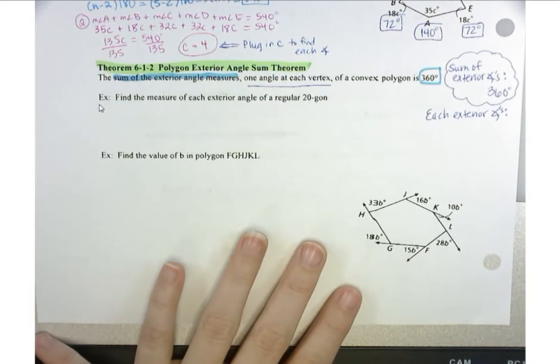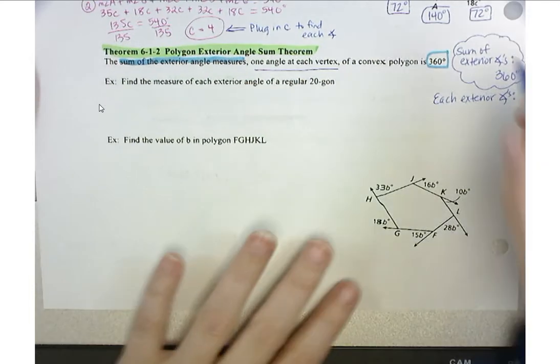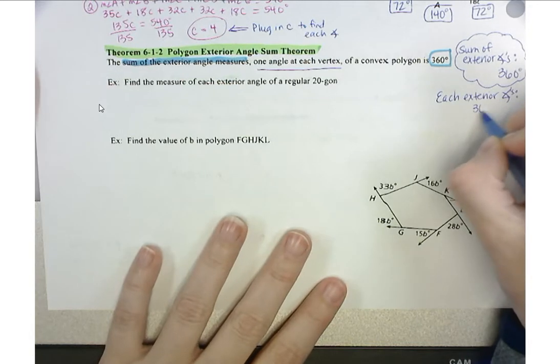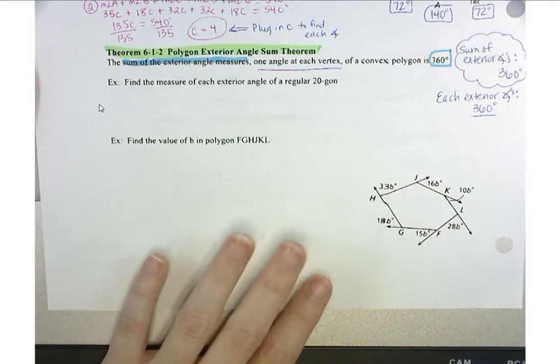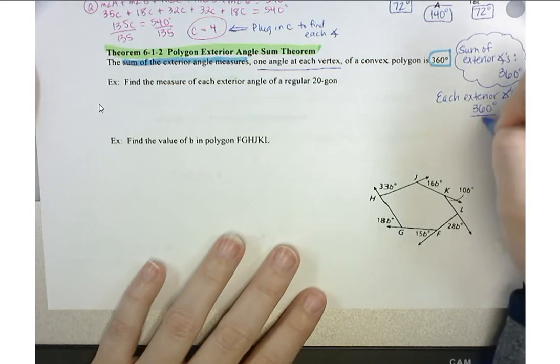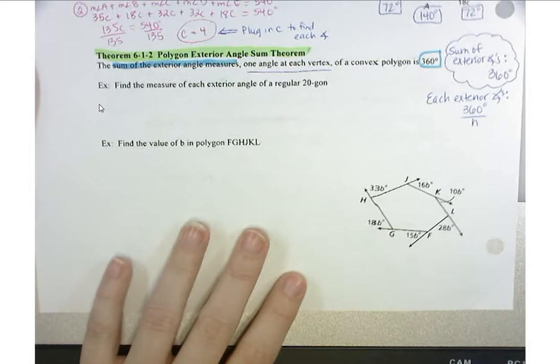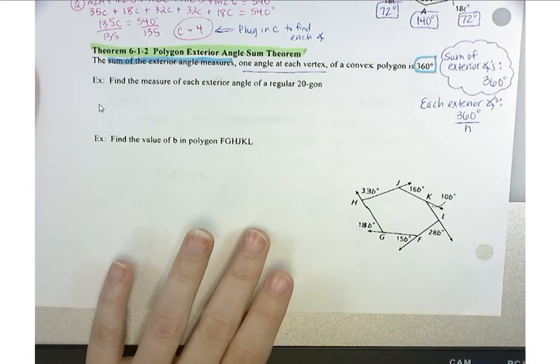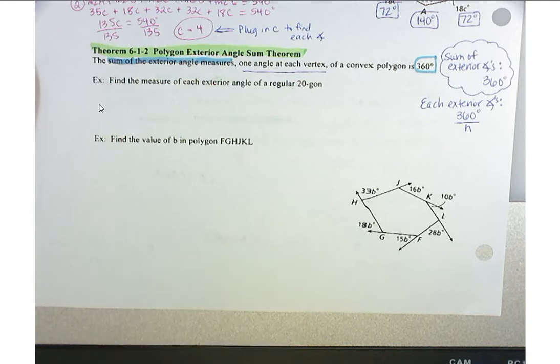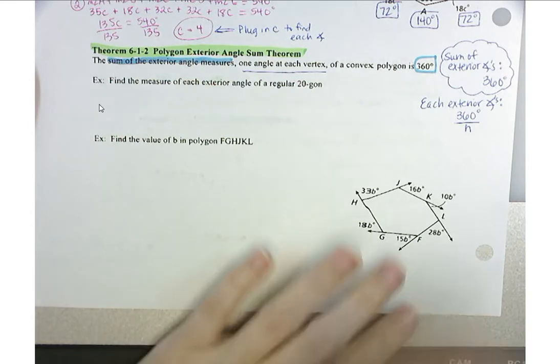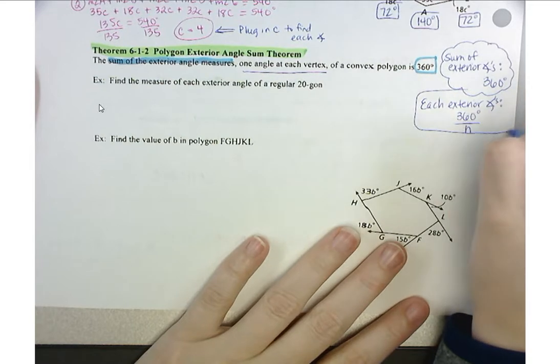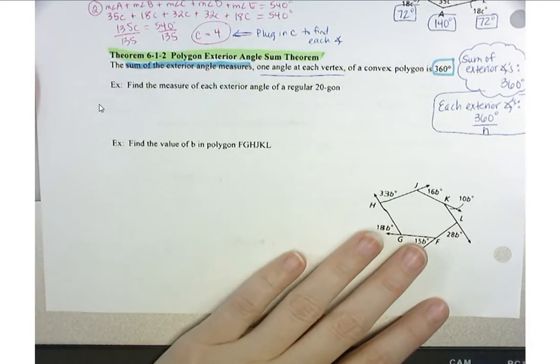What do you guys think? I'm going to do 360 and divide it by n. Okay, so whatever the number of sides are, that's going to correlate to the number of exterior angles that you have. So if you're trying to find each, you can take that value and divide by n.